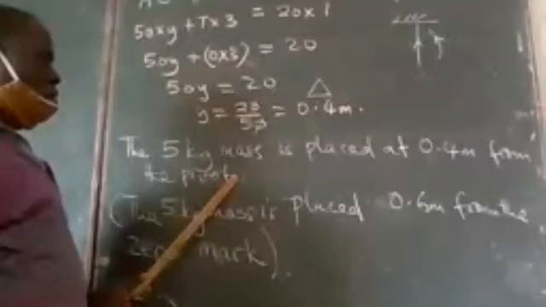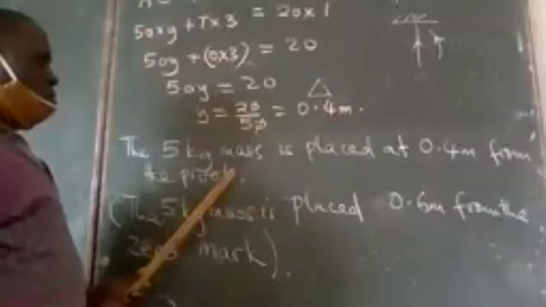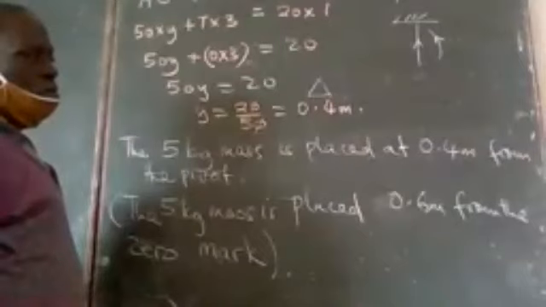That is what we determined, and we found it to be 0.4. So don't you see that Y is the distance between the 5 kilogram mass and the pivot? It is the distance between the line of action of the 5 kilogram mass and the pivot. Okay, thank you.